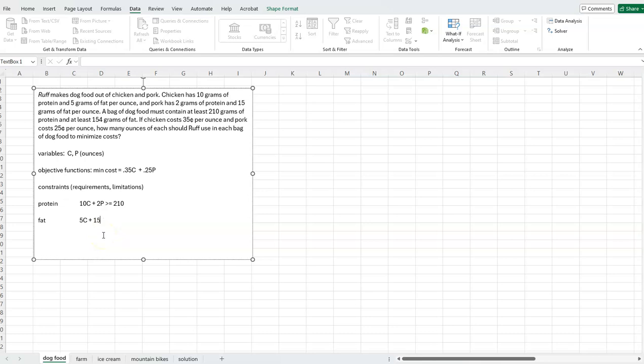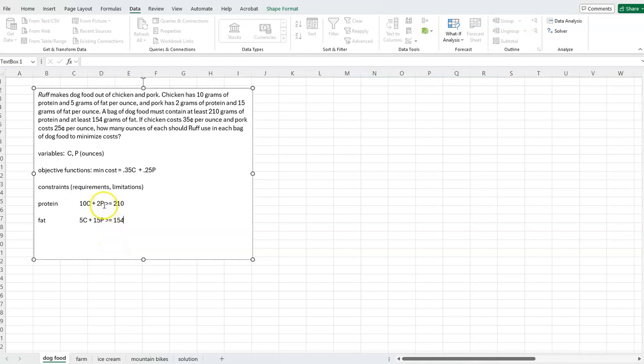So we would have as the coefficient there 15 for pork. And the requirement is that we have at least, meaning greater than or equal to, and it says you need to at least 154. So notice the logic in all these statements. Once I've determined my variables, I try to use them in the objective function and also in the constraints.